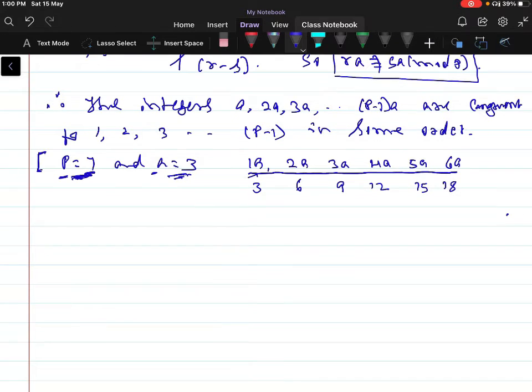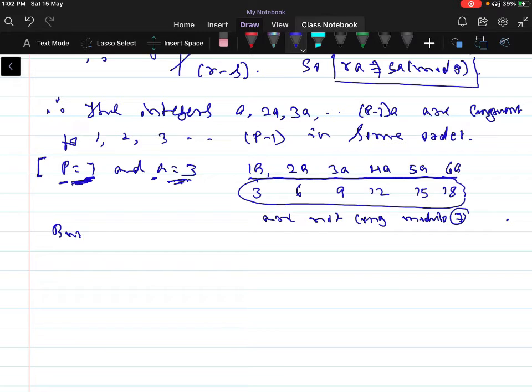The integers 3, 6, 9, 12, 15 and 18 are not congruent modulo 7, where p is 7 here.